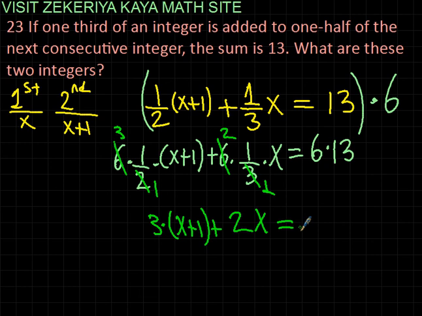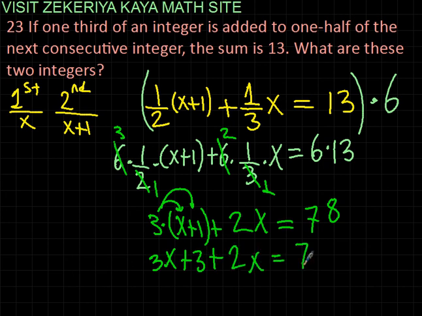And 6 times 13, let's multiply them. 6 times 3 is 18. We have plus 1. 6 times 1 is 6, plus 1, 7. So if we open the first parenthesis, we will have 3x, 3 times x and 3 times 1, plus 3 plus 2x is equal to 78.